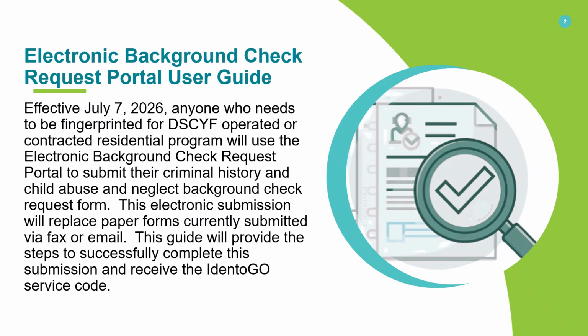This electronic submission will replace paper forms currently submitted via fax or email. This guide will provide the steps to successfully complete this submission and receive the Ident2Go service code.